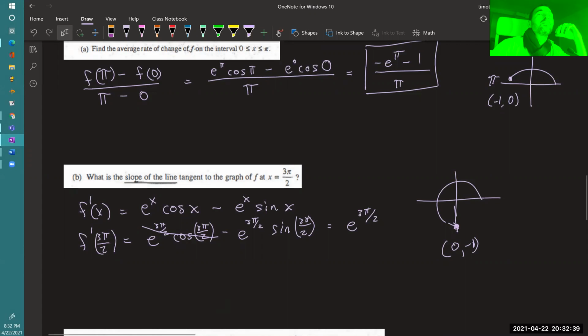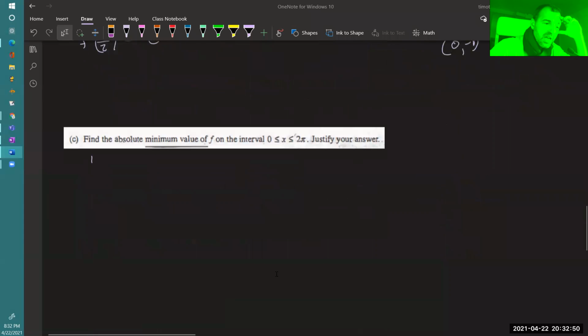Now, what are we looking at? Looking at part C. Absolute minimum value. Justify your answer. We got to justify this. So to figure out the absolute minimum, what you're going to need to do is take f prime of x, set it equal to 0 and solve.